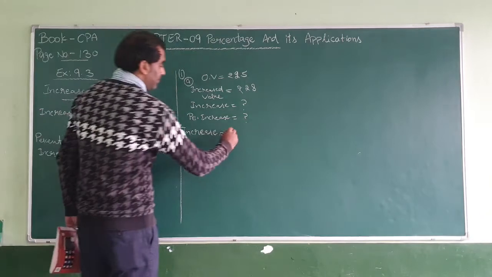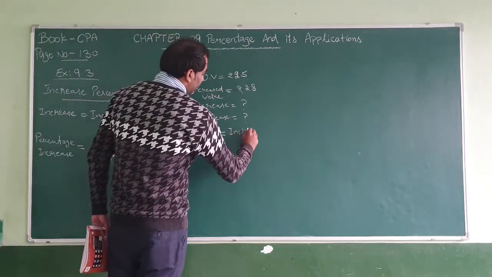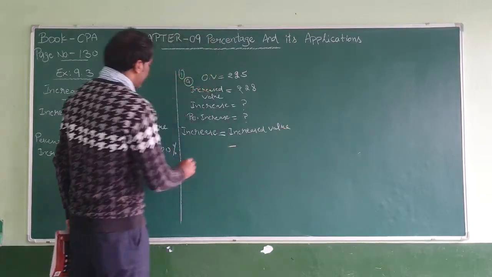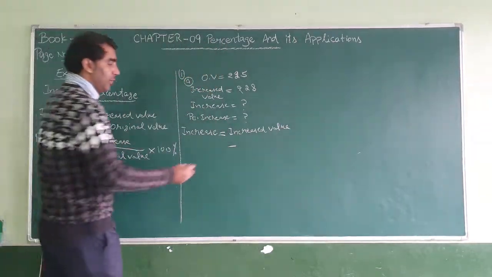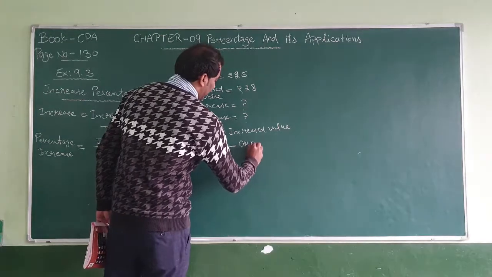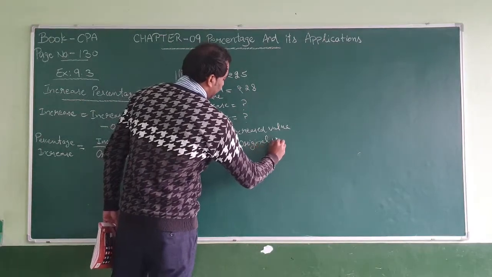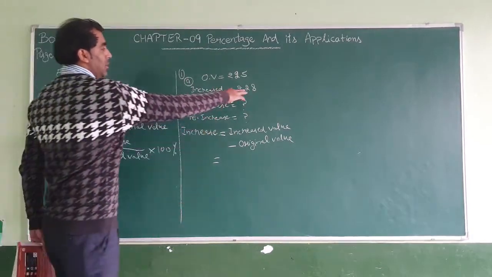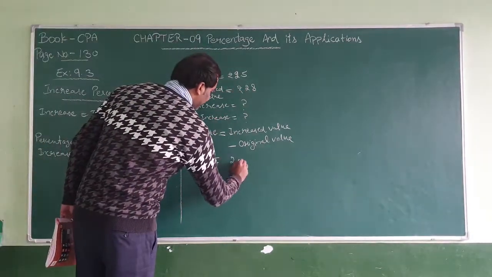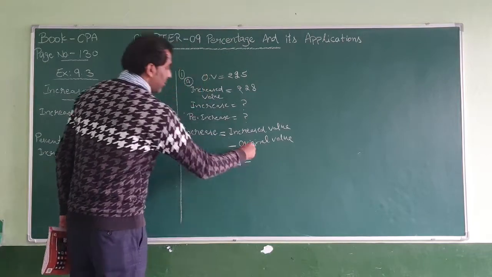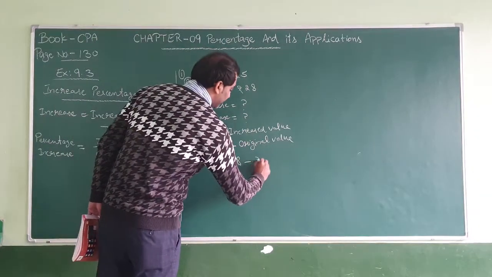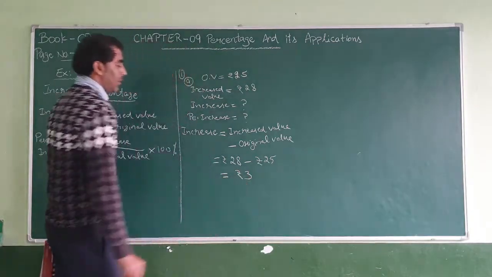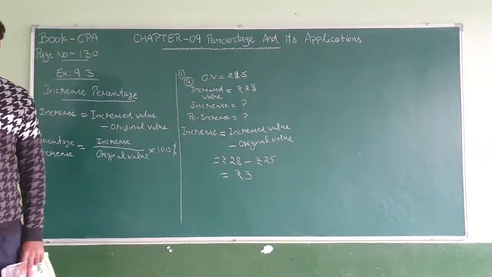Increased value minus original value. Okay बच्चे, so increased value is 28 rupees minus original value 25 rupees. It means we have an increase of 3 rupees.